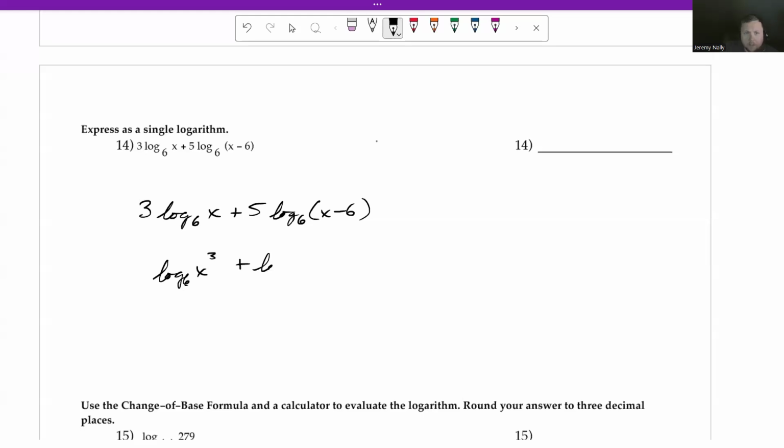So plus log base 6, and that's to the 5. And then since these have the same base, I can rewrite these using the product rule for logs. So now, since these are being added, I can rewrite this as x cubed times x minus 6 to the 5th power, and then that's all inside of that log.